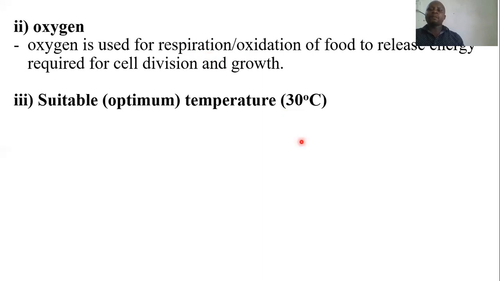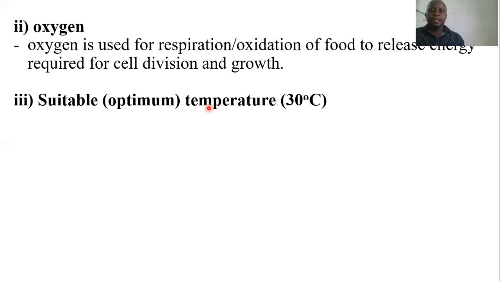Respiration is enzyme controlled, and enzymes work best at optimum temperature. We learned in Form 1 that when temperature goes above the optimum temperature, enzymes will be denatured. What if the temperature is below the optimum?